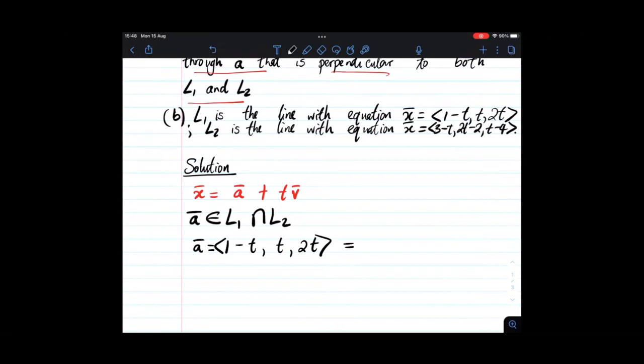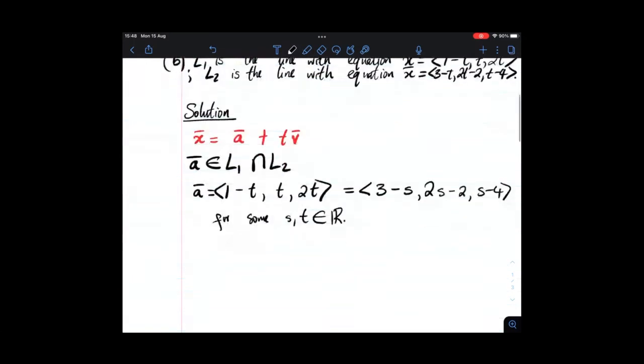And we should be able to write it in terms of an equation in L2. So that means that we are going to have 3 minus s, 2s minus 2, and then s minus 4, right? So here, we can then say this is for some s and t, right? Some scalars s and t.